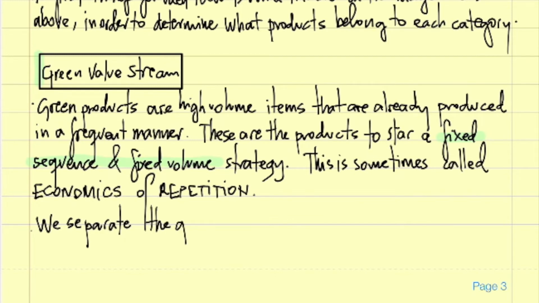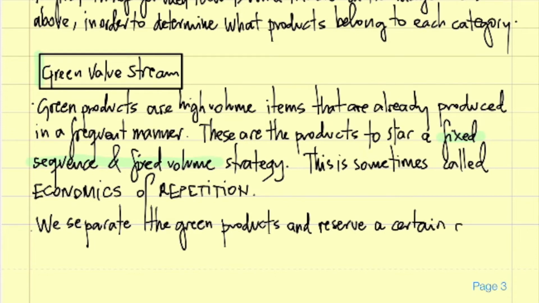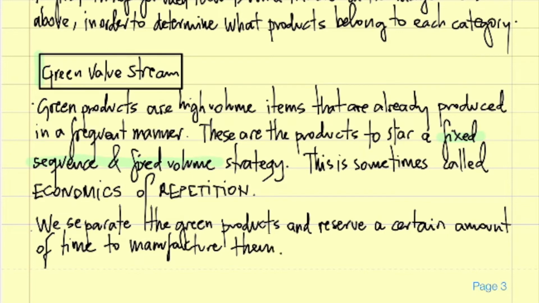So here we separate the green products and reserve a certain amount of time to manufacture them. Okay?